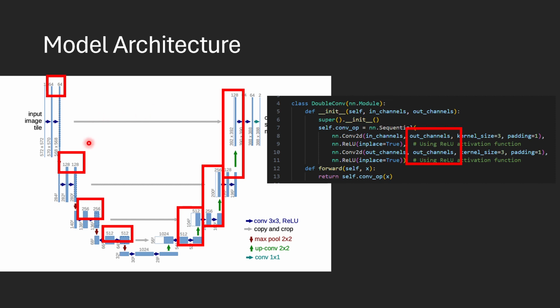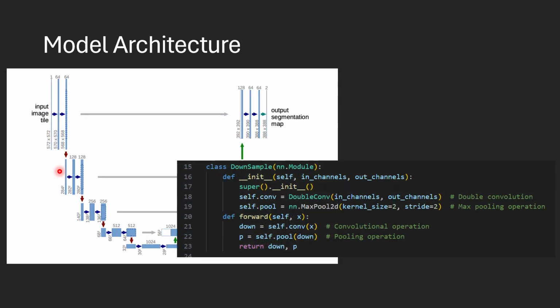Now let's go ahead and understand the second most important one, which is the downsampling. When I go into downsample, this is my class called DownSample, and over here I am creating two different variables. One is the conv variable and the second one is pool.